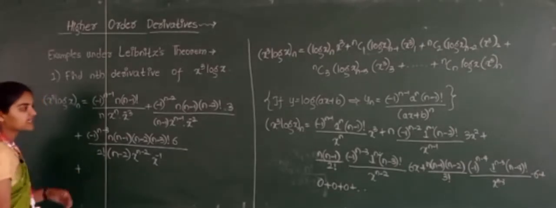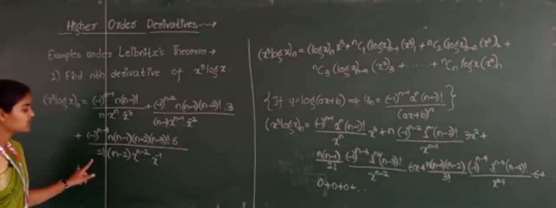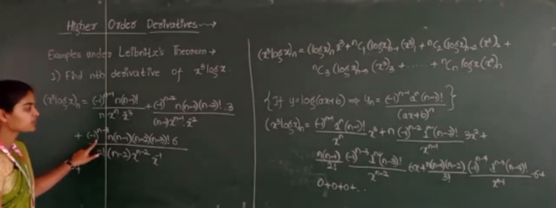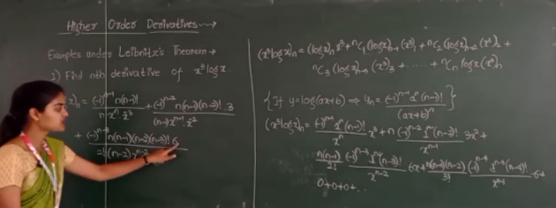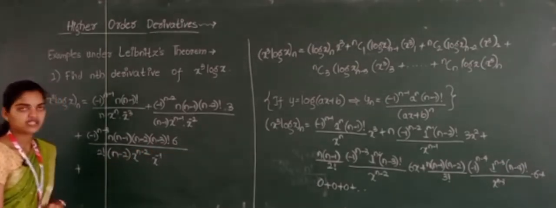Then taking the next term, what is that? Yes, every term is over, or what? n into n minus 1, minus 1 raised to n minus 3, then n minus 3 factorial, 6x, 2 factorial, and this term. Okay, that is over.